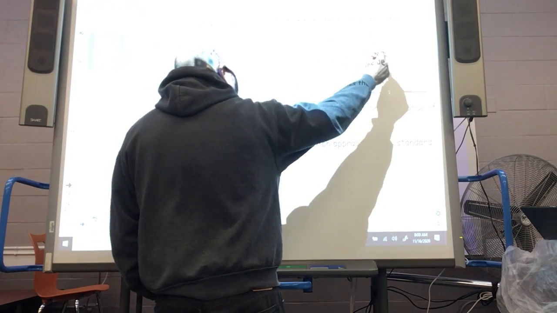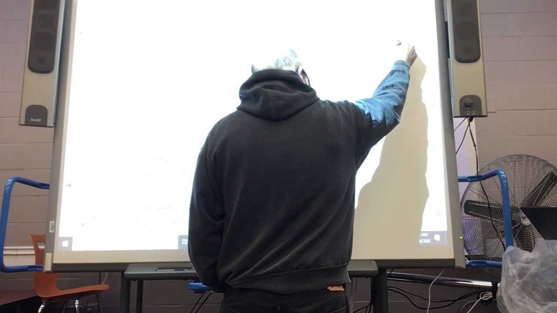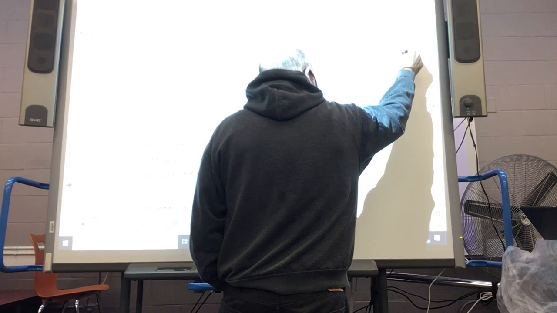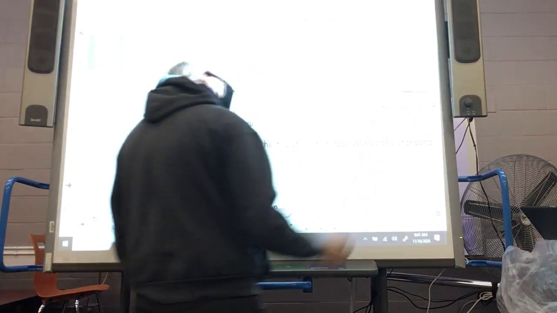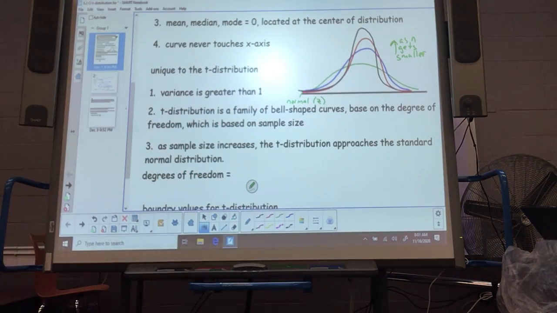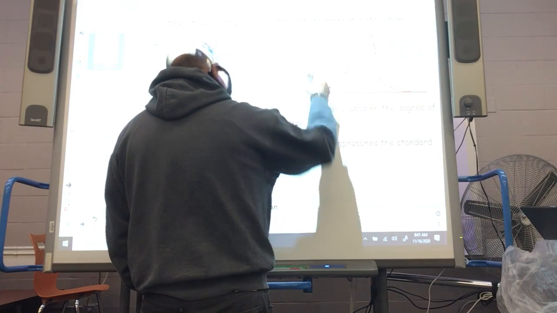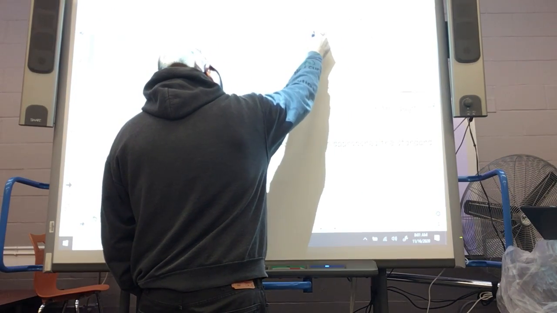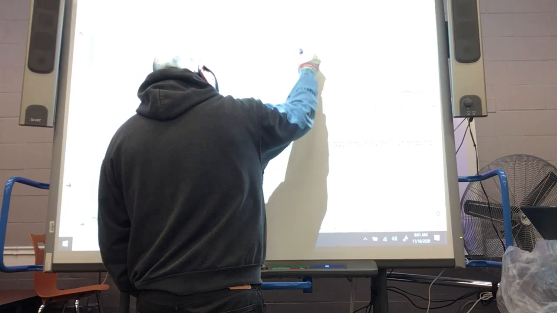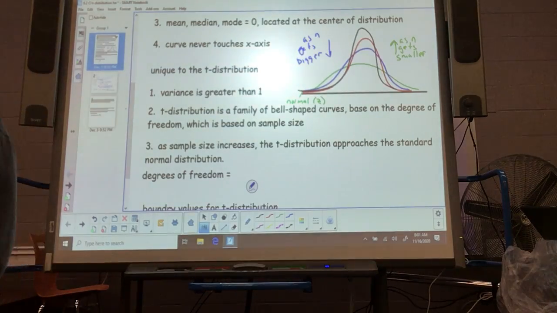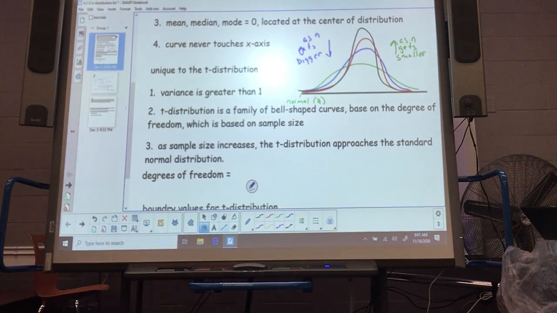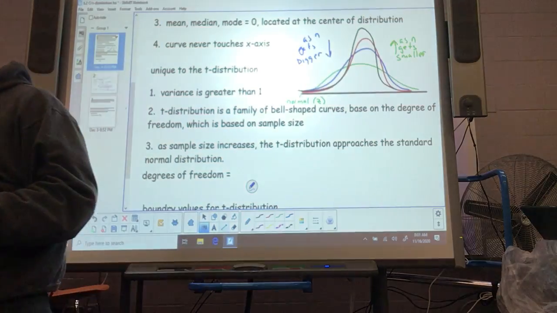So as N gets smaller, the hump on the side of the camel's back gets higher. As N gets bigger, it starts to come back to what is the normal distribution, a normal bell-shaped curve.